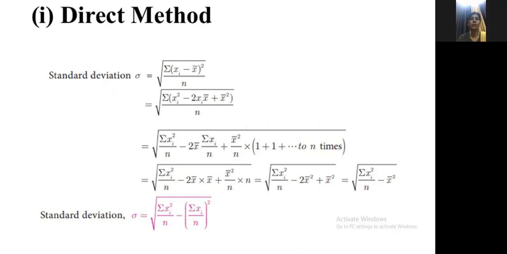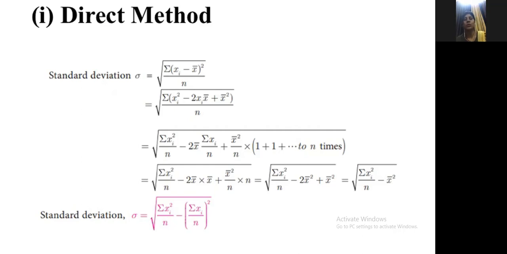We find the mean of that data set and subtract it from each value. After subtraction, we square all these values and find the sum of all those. After finding the sum, we divide by the number of observations, that is n, or the sum of the frequencies. After division, we take the square root of the value calculated, and that gives you the standard deviation.